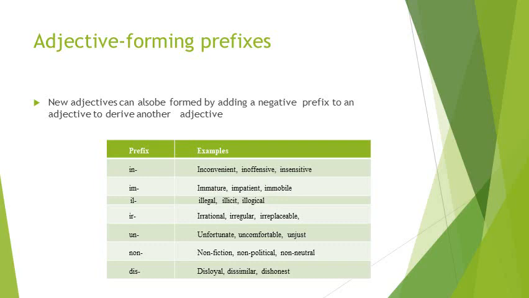Remember, rational starts with an R, regular starts with an R, replaceable starts with an R. So in such cases, we can easily guess that the prefix that will come in front of these words that start with the R sound will be IR. So we have irrational, irregular, irreplaceable. It would be awkward to say IL, so we can't have illrational or illregular. It's got to be IR. Irrational, irregular, and irreplaceable. So note such environments when you are generating.